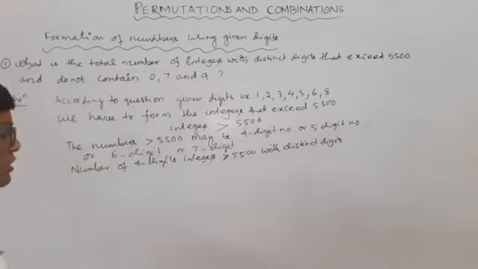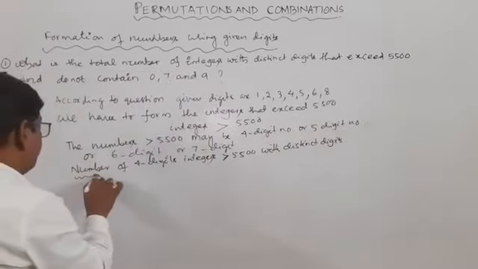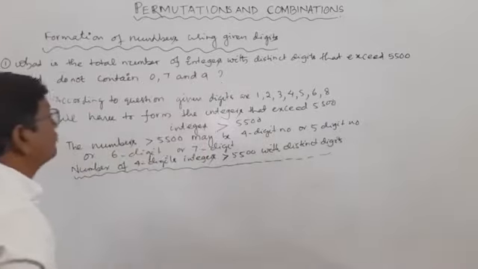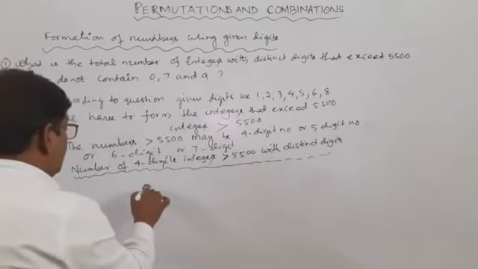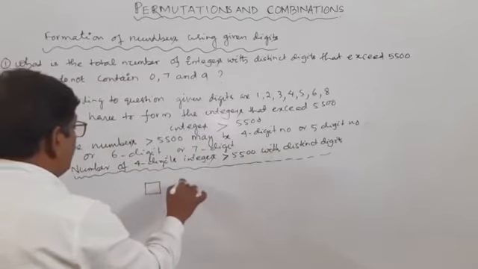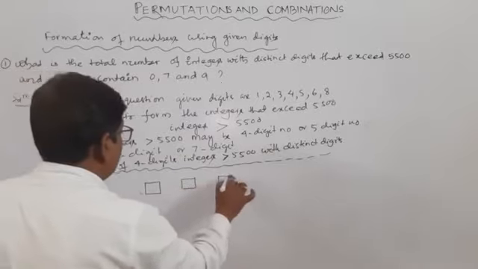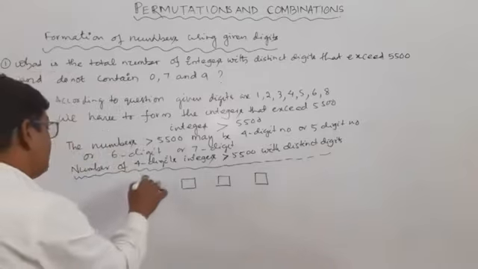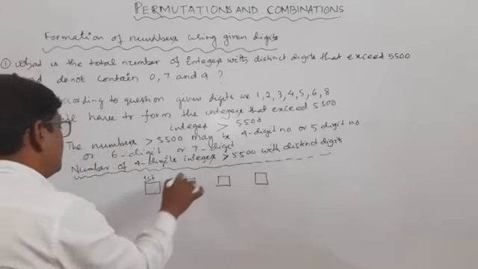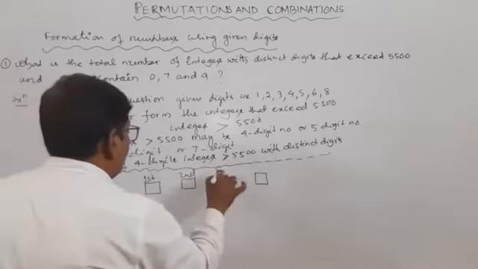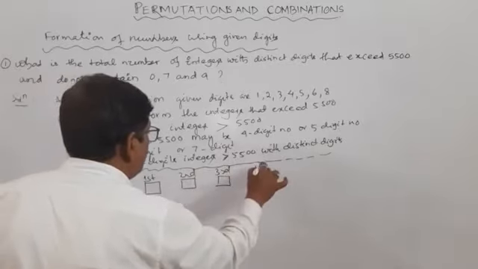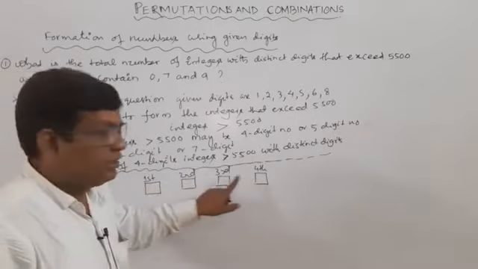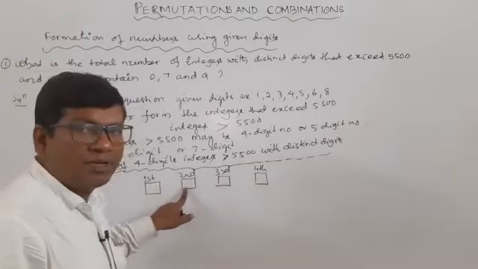Number of 4 digit numbers with distinct digits: here this is first place, this is second place, this is third place, and this is fourth place. Or you can write unit place, tens place, 100 place, 1000 place.